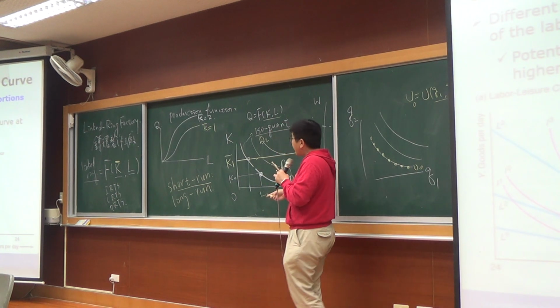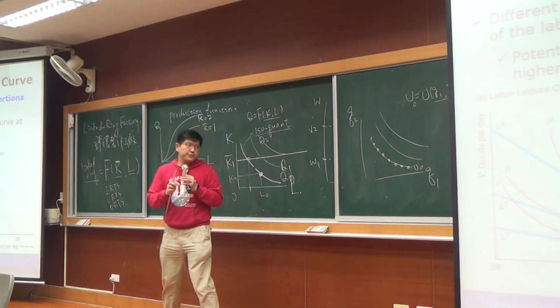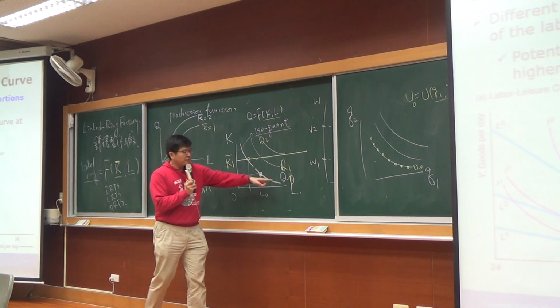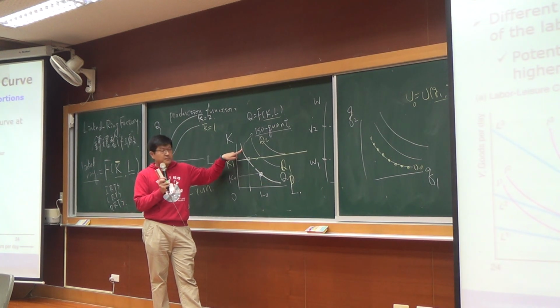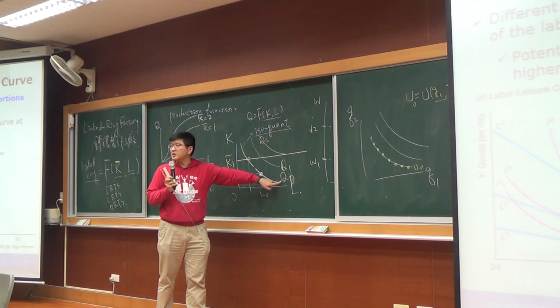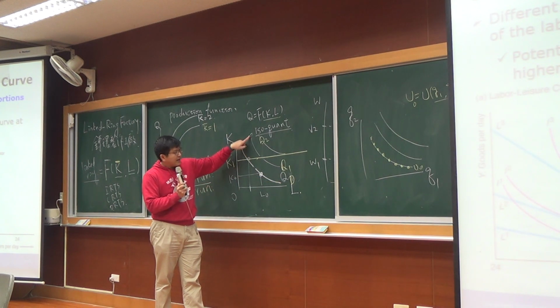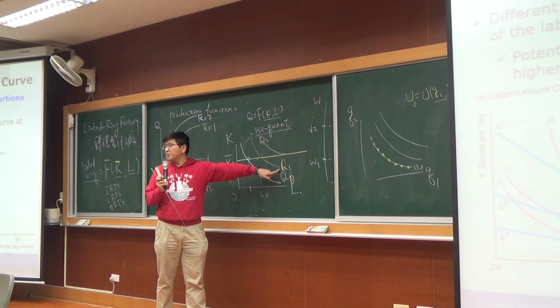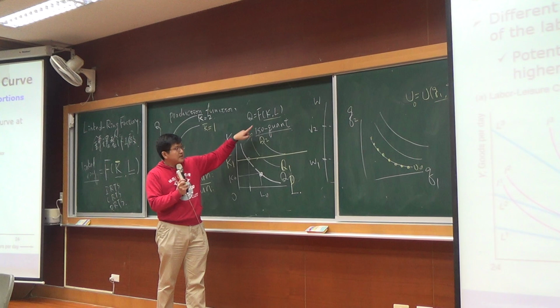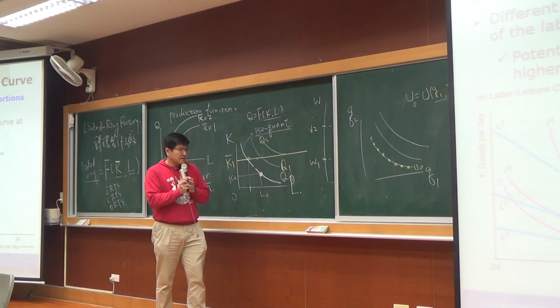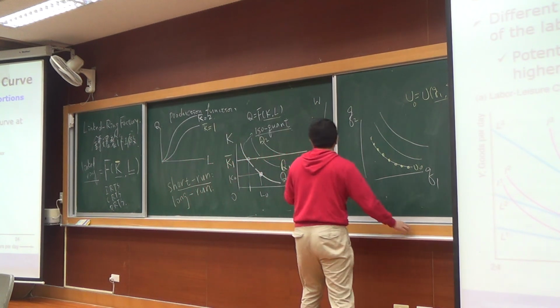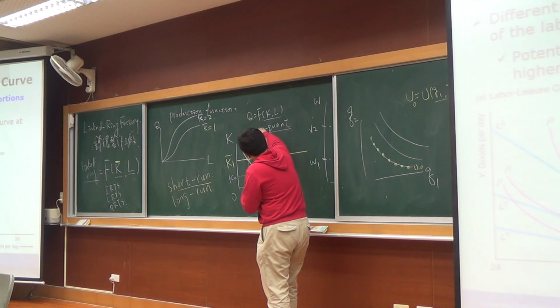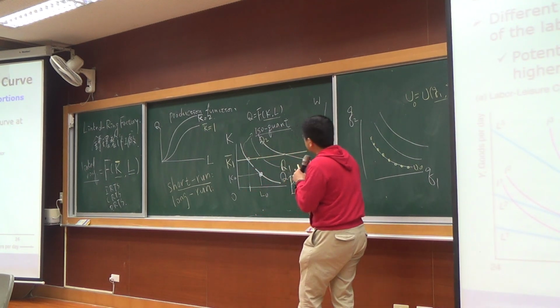So for this isoquant curve, the output would be Q0. And for this curve, the output would be Q1. And for this curve, the output would be Q2. Okay?